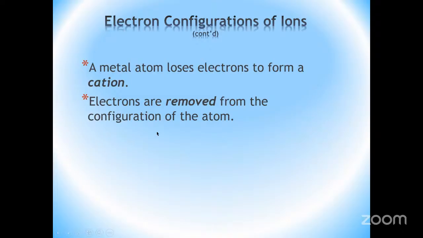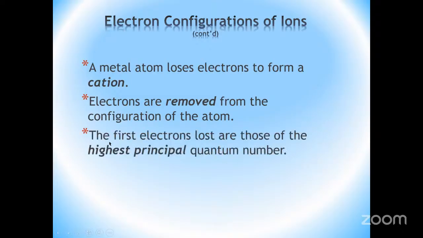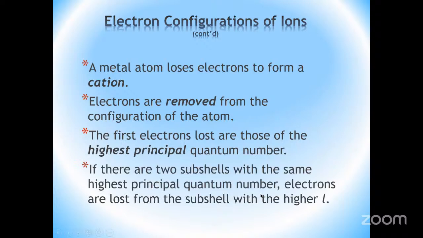And this begs the question, which electrons will be removed first? All right. And basically, this is it right here. The first electrons lost are those of the highest principal quantum number, or the highest n value, right? Now, if there are other electrons to be removed within the same shell where you have different l values, then you remove the electrons from the subshell with the higher l value.